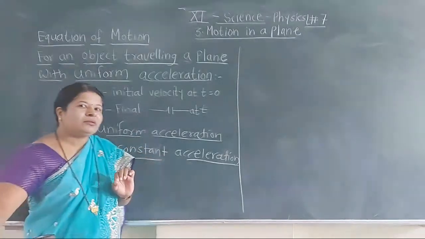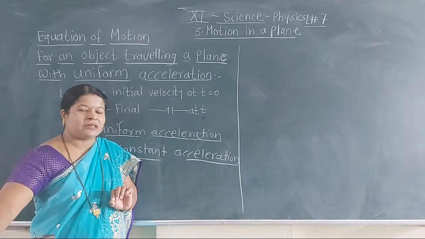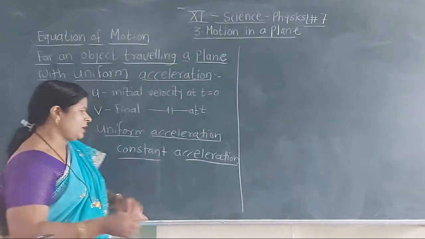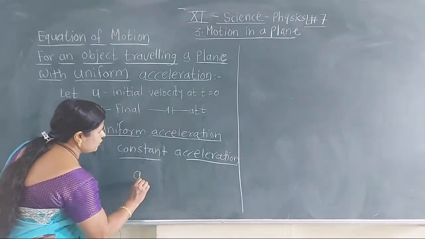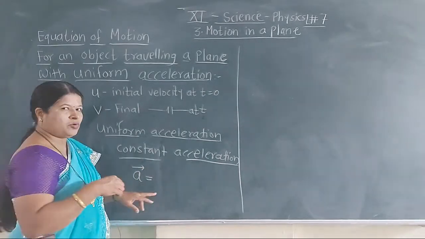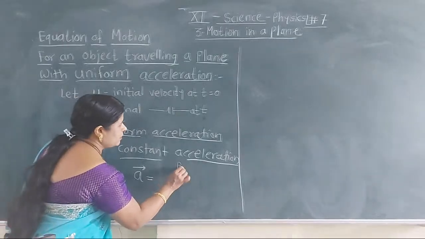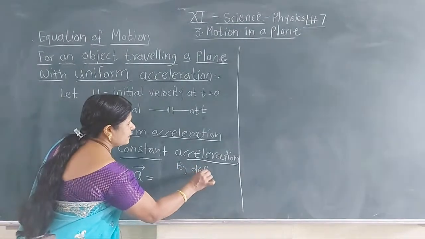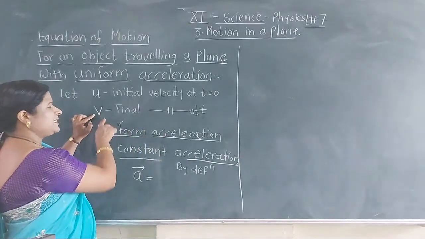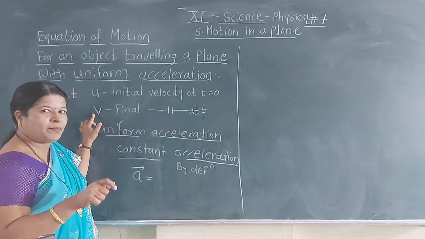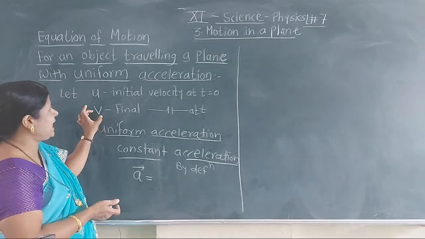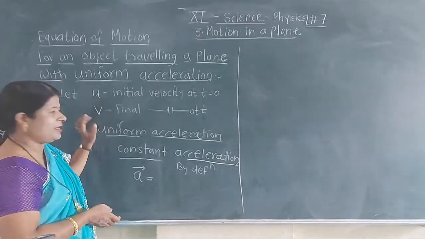And we know the definition of acceleration is change in velocity with respect to time. For acceleration we use the small letter vector a. Vector a is equal, by definition, to change in velocity, that means the difference between two velocities. v is the final velocity and u is the initial velocity.